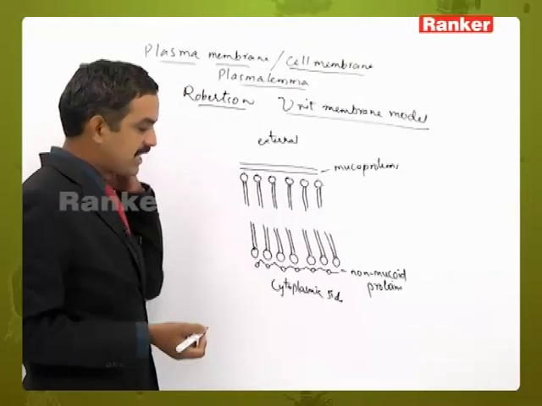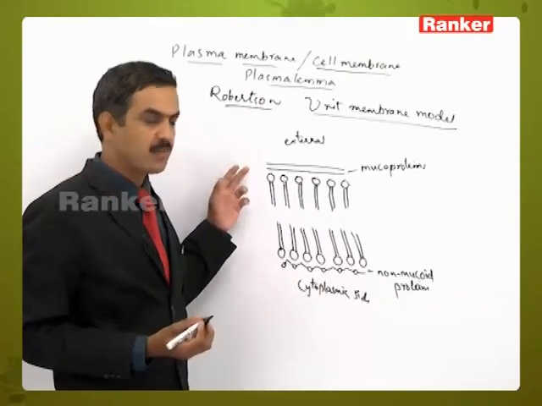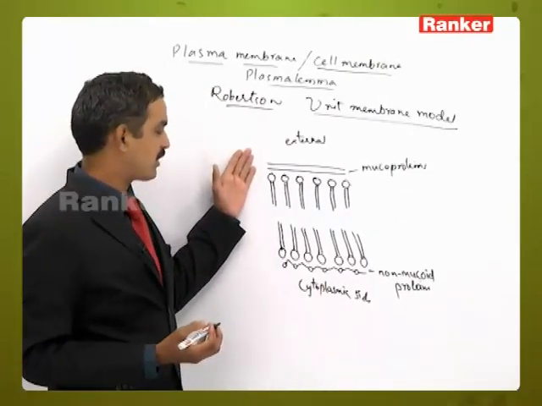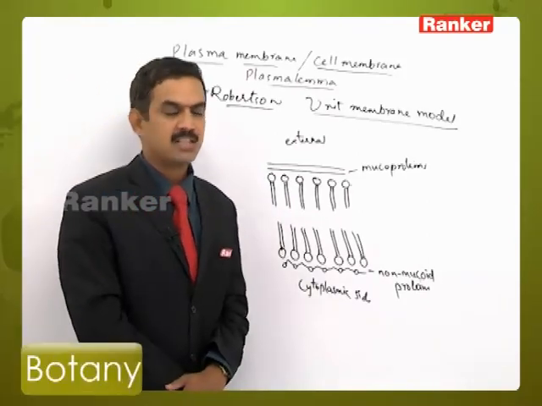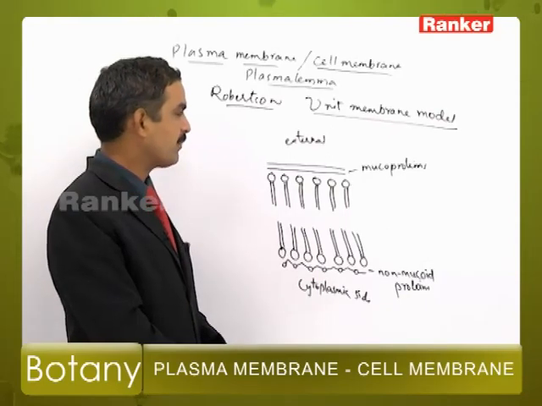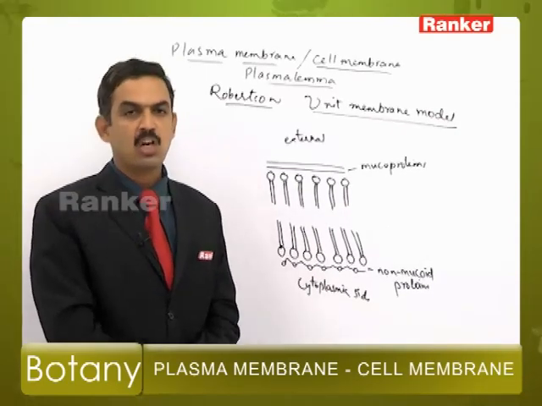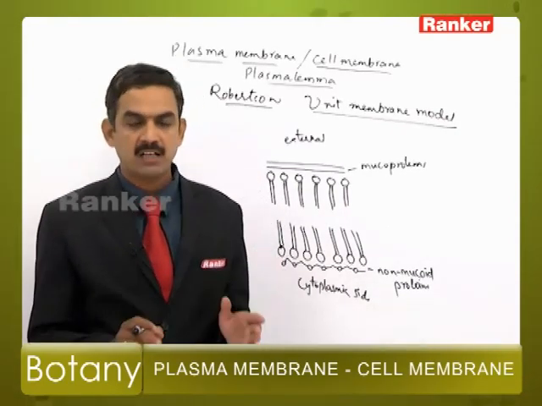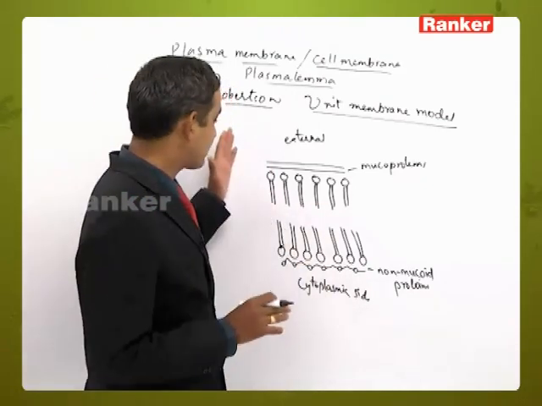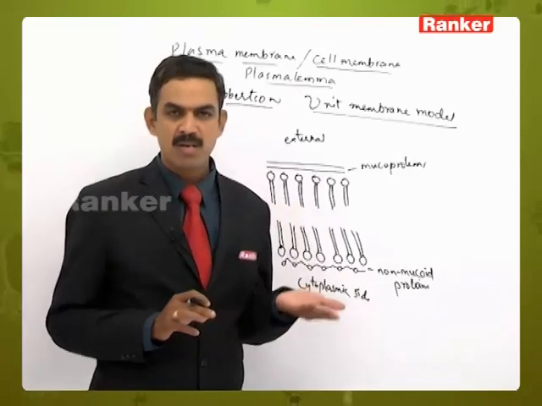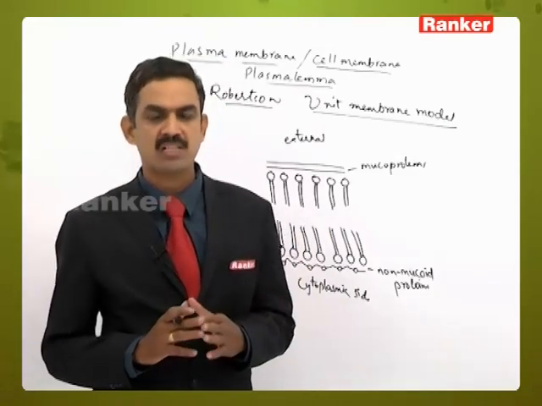So this type of change can be seen in the type of proteins present on the outer side and the inner side according to Robertson. According to the scientist, not only the plasma membrane but all living membranes have the same type of organization, be it a plasma membrane or the membrane of the cell organelles.